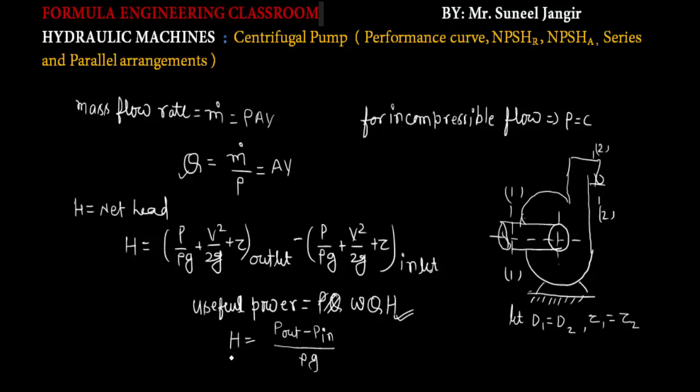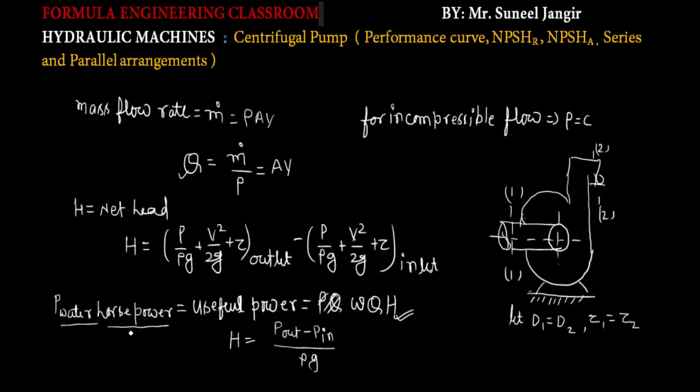Now, as we defined, this head is proportional to the useful power delivered to the fluid by the pump, which we write as WQH. This useful power is traditionally called water horsepower.